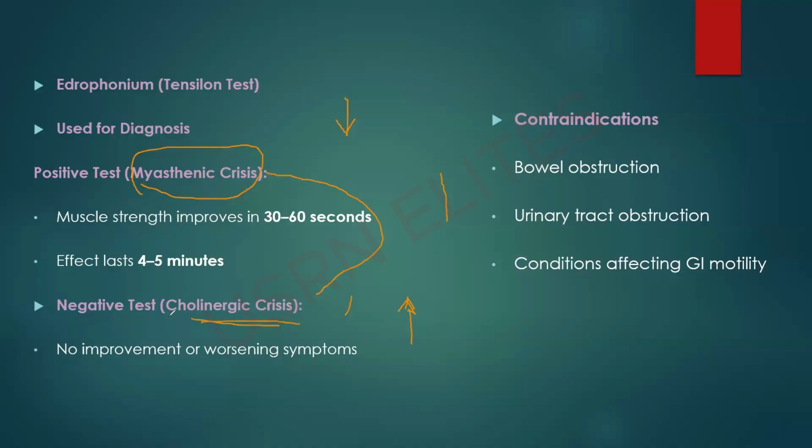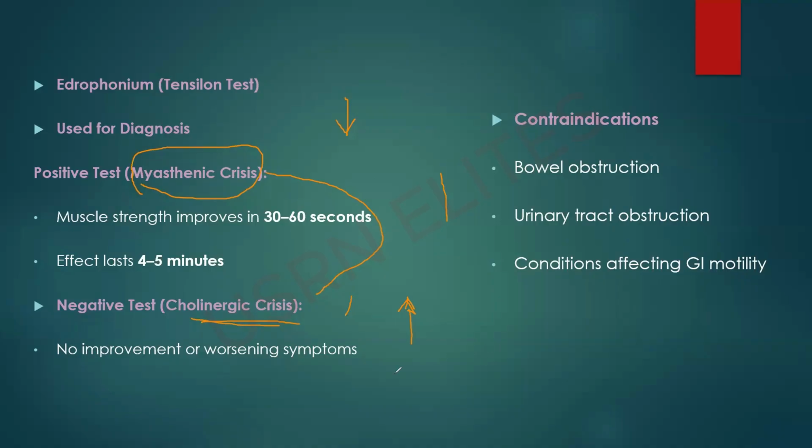Right. So with hydrophonium, which is an example, it increases acetylcholine at the neuromuscular junction, right? So when you give it and it is too much at the junction, you're going to have cholinergic crisis.